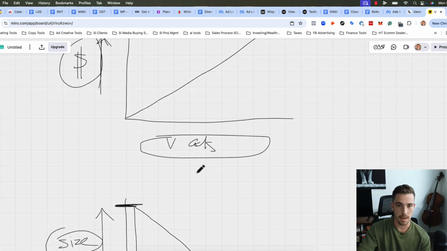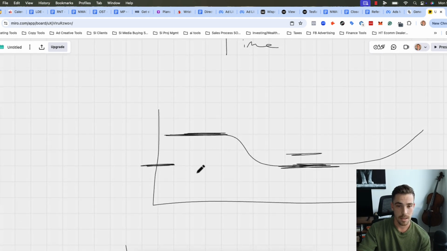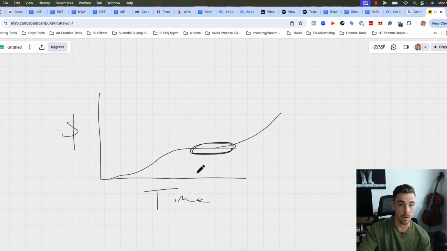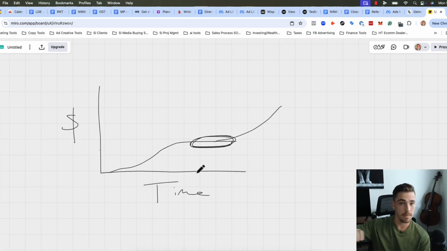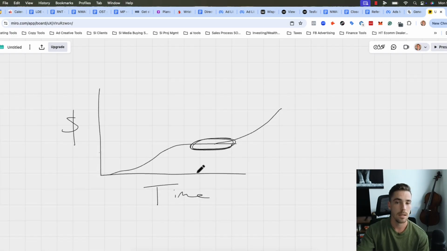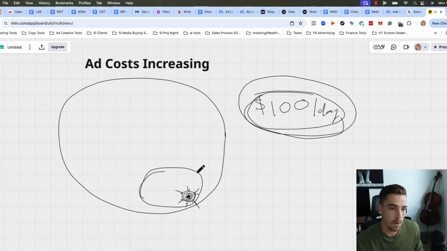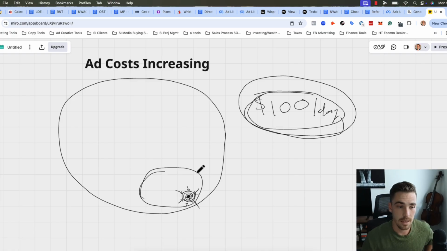This is kind of the explanation of why your ad costs will increase if you increase your spend, or if you just spend over a long enough period of time, you're going to experience ad fatigue. And this is essentially why most people struggle with this, and this is the cause and effect of it. And these are essentially how you get around it.